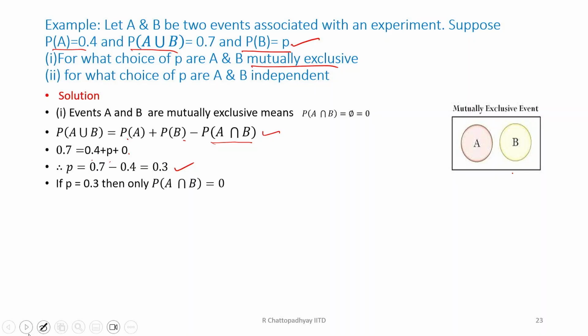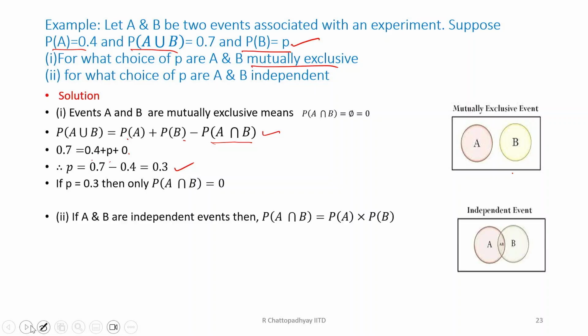The other question is, for what choice of p are A and B independent? Say this diagram shows A and B. If they are independent, that means P(A intersection B) will be P(A) into P(B).